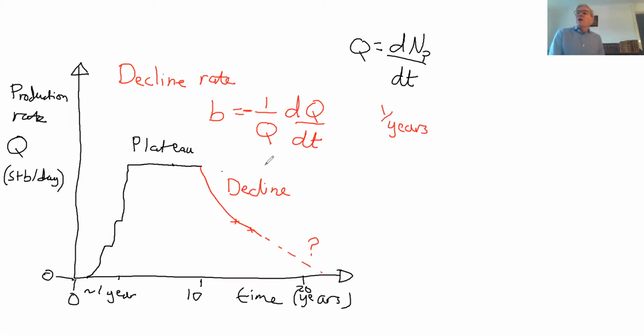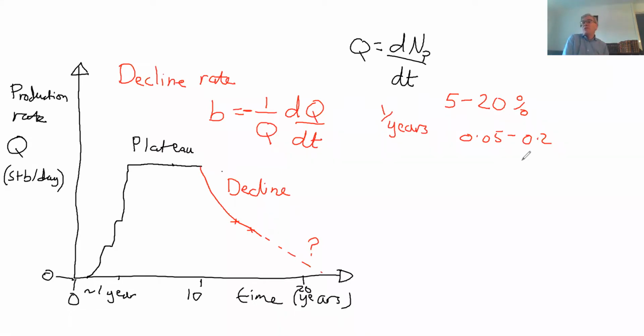So we may be looking at a decline rate of, say, 10% a year. So typical decline rates can be looked at around the world. Once a field is on decline, typical decline rates are about 5 to 20%, right? So 0.05 to 0.2 are typical values. Okay. So that's your decline rate.